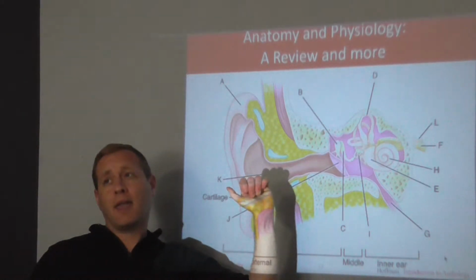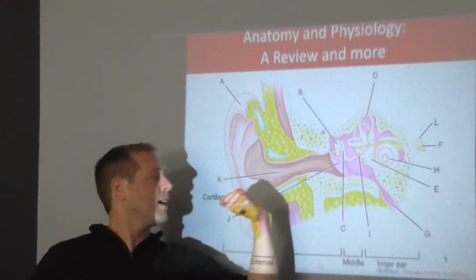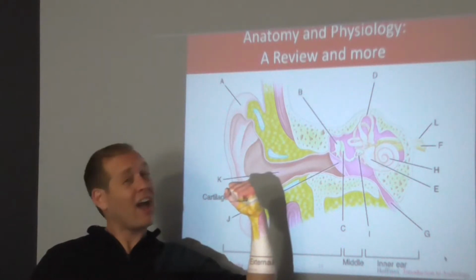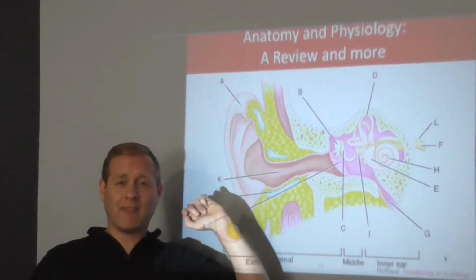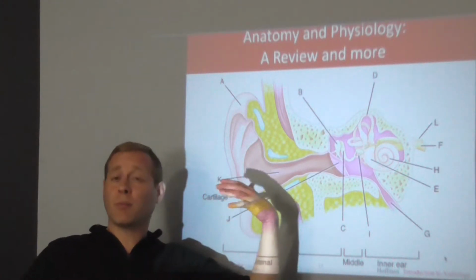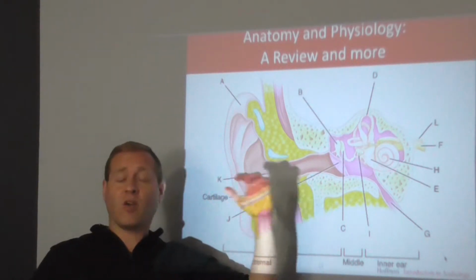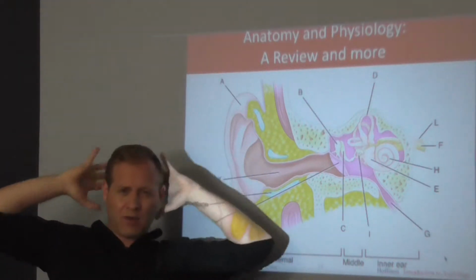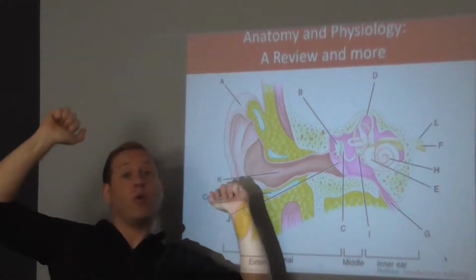Okay? And it runs up to the portion of the brain known as Heschl's gyrus. Heschl's gyrus is the portion of the brain that the eighth nerve comes into contact with, also known as the primary auditory cortex. Okay, the cortex of your brain, the outer lining of the whole brain, does a whole bunch of different things.